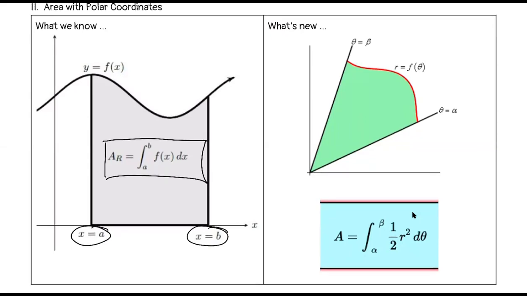So what's new is that because we don't have an x and y axis, because we're in polar, everything is about the angles that we start with, okay? So our bounds now represent the thetas, not an x value or a y value.